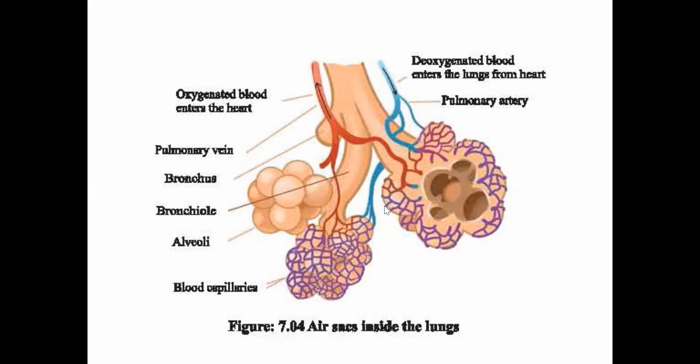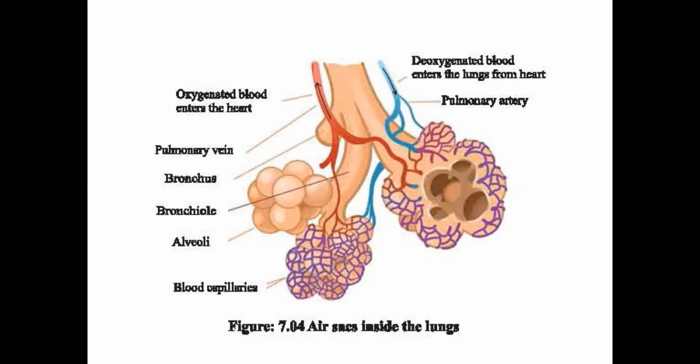You can also call the alveolus the functional and structural unit of the lungs. Why are they functional units? Because they perform the main function, the gaseous exchange between the air and the blood.